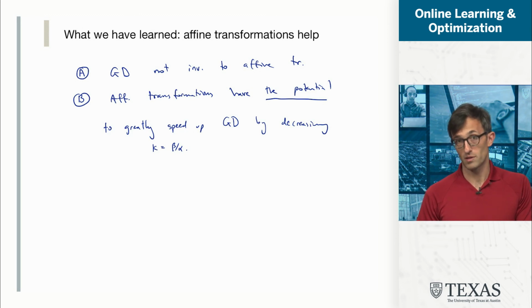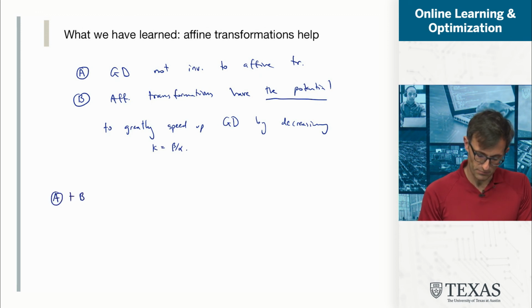And we reduce it from kappa to square root of kappa and how it impacts the rate of convergence. So, well, at this point, we're basically there. It doesn't take much more to realize that putting these two ideas, putting A and B together, the key idea is let's do an affine transformation.